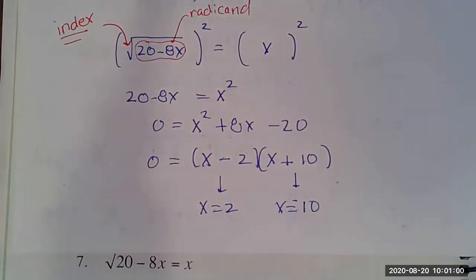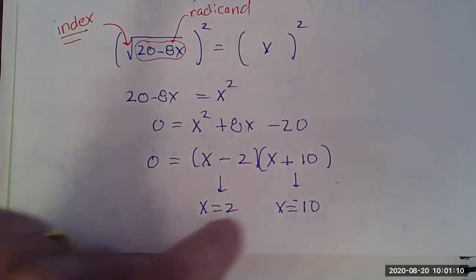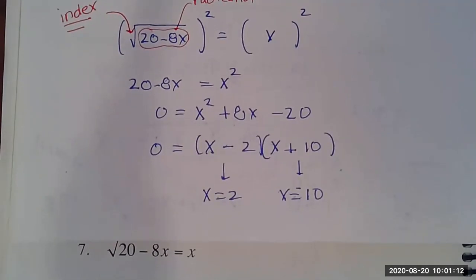If this was a multiple choice problem on your exam or the little baby quiz, letter A might be your choice, and you might believe that that might be your bubbled answer. However, guess what? One of them doesn't work.